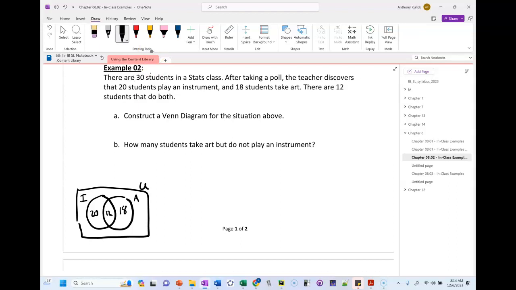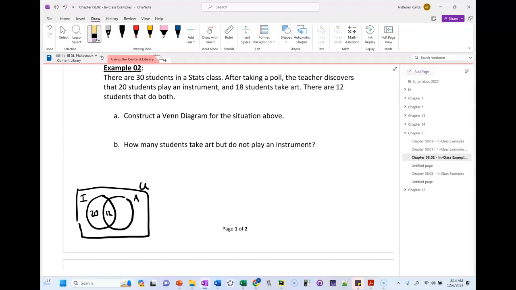Because even now, if I look at it, if I look at the art circle, how many students are in the art circle? 30. How many should be in the art circle? 18. So you do it in the center and the art one.